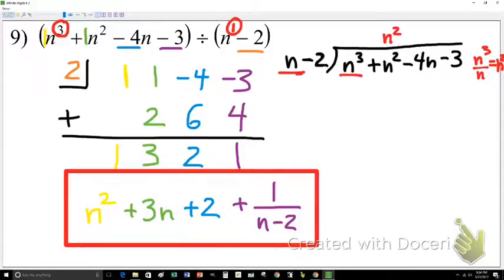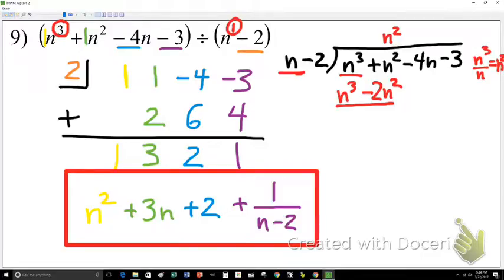And now, what we're going to do is take that n squared that we got and multiply it by our binomial that we have here, okay? And we place that result underneath these first two terms here, okay? So n squared times n would be n cubed, okay? N squared times a negative 2 would be negative 2n squared, okay?